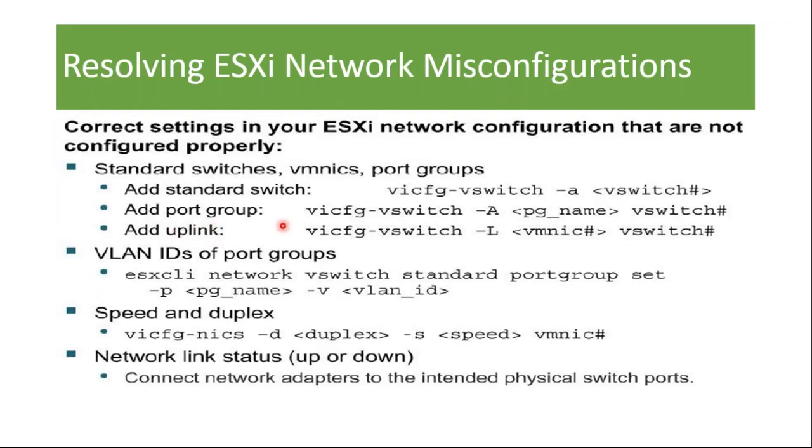And if you want to add a port group, then you have to give esxcli network vswitch standard portgroup add, then give the port group name, and provide the vSwitch on which this port group needs to be created. And if you want to add an uplink, you have to execute esxcli network vswitch standard uplink add, then give the specific VMNIC to establish the uplink, and provide the vSwitch.